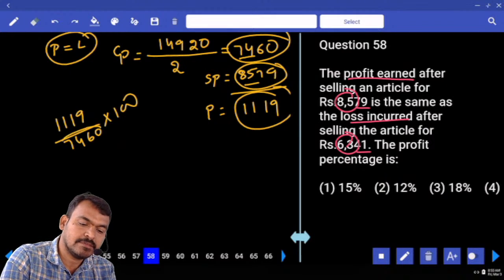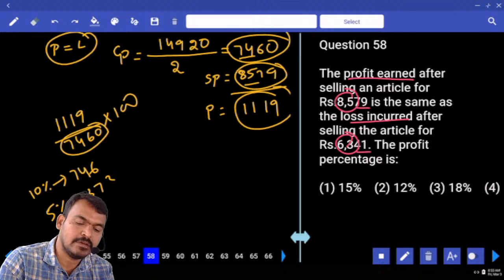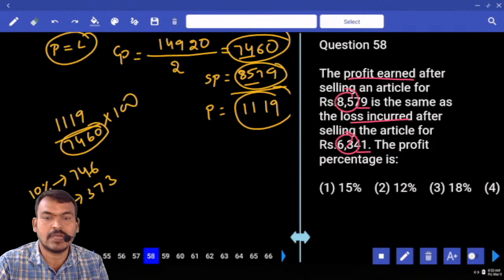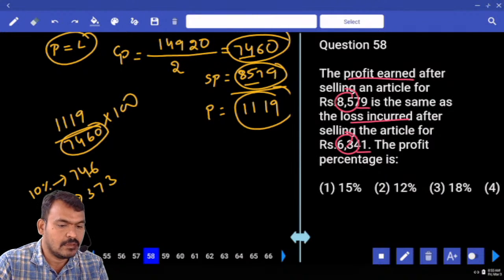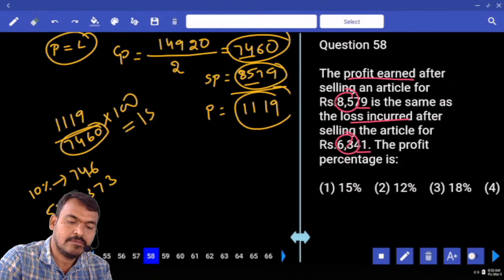What is the 10% of 7460? 746. What is the 5%? 373. Both are adding, 1119. Then the answer is 15%.